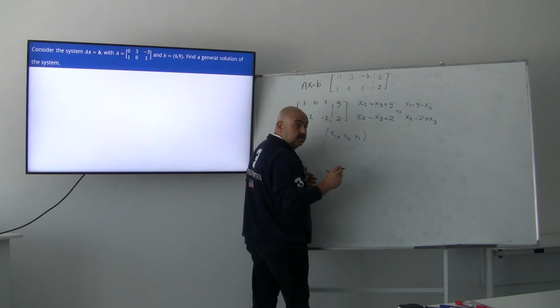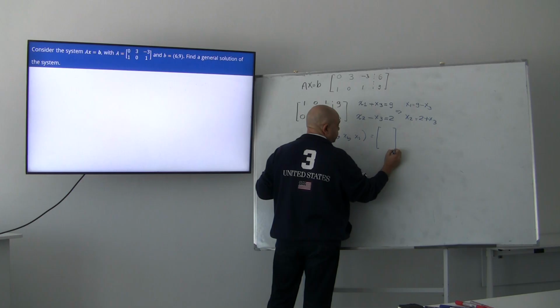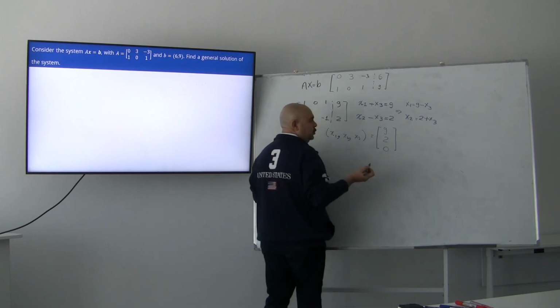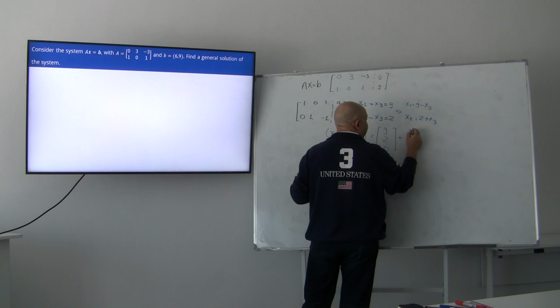That's the result, the solution set, which can be written as a first set of numbers, the particular solution, 9, 2, and 0, because we don't have x3, plus negative x3, then x3, then I will have x3 here.